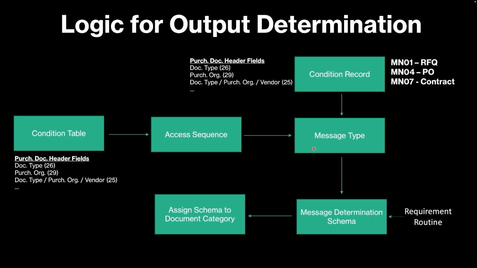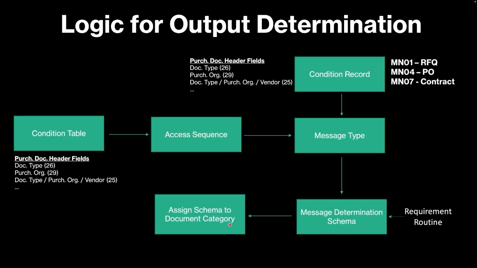Okay. Now, one more thing I'd like to add here, that this message type you can also add manually in your purchasing document. Let's say that you haven't maintained the condition record and you want to maintain this message type manually in your purchasing document. Then you can do so if that message type is there in the message determination schema, and that message determination schema must be assigned to your document category.